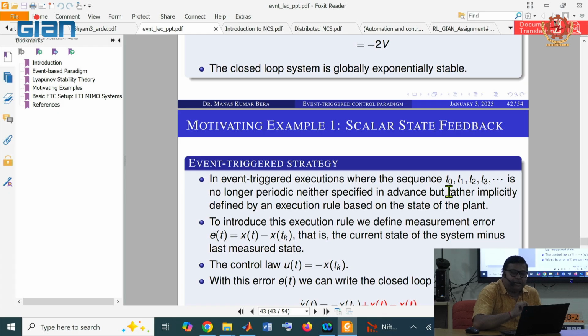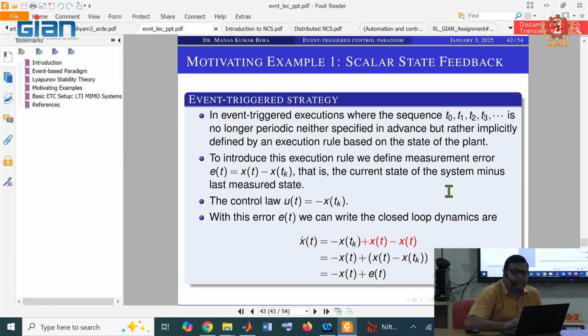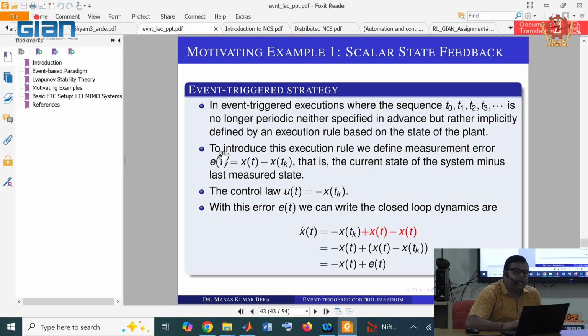For the event based strategy, we define the measurement error e(t), which is the difference x(t) minus x(t_k). x(t) is the current state of the system, minus the last measured state. That is the error we are defining.